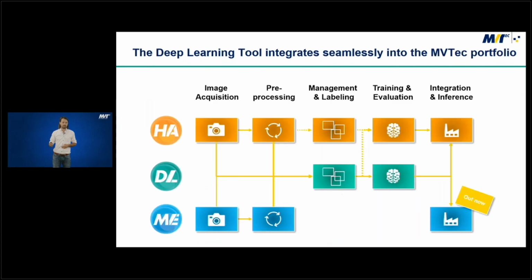So how can this workflow and this switch between the products look like? Typically you would start image acquisition in either HALCON or MERLIC, same with pre-processing. And then those finished images would be imported into the deep learning tool for management, for labeling. Then you would also have the option to train in the deep learning tool using no code, so not having to program anything.